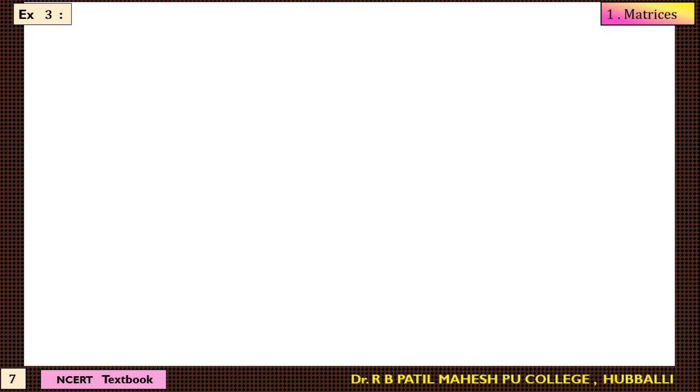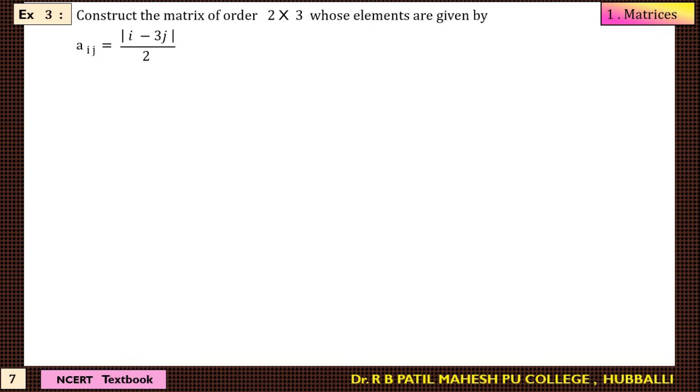Now see the next problem. Construct the matrix of order 2 cross 3 whose elements are given by aij is equal to modulus of (i minus 3j) divided by 2. Now see the solution. Here in this example, now the order is changed.